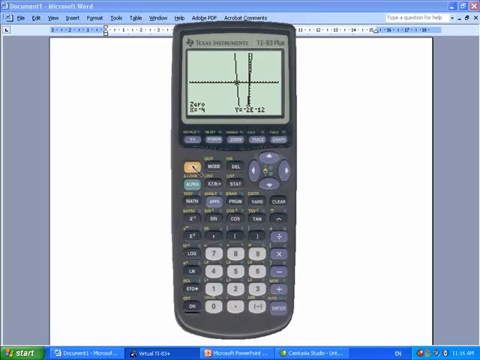Then I want to get the other one, so I press second, calculate again, and 2. And I move my left boundary, this time going after the other one, so I bring it anywhere there. Now that's adequate. It's to the left of the intercept, and I press enter, and then press enter to bring it to the right for the right boundary.